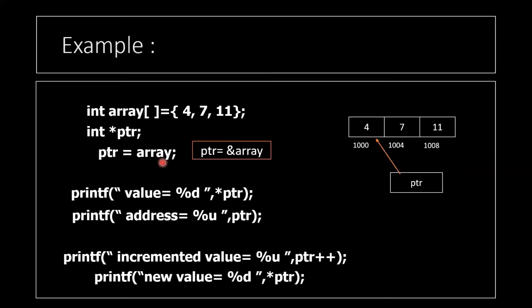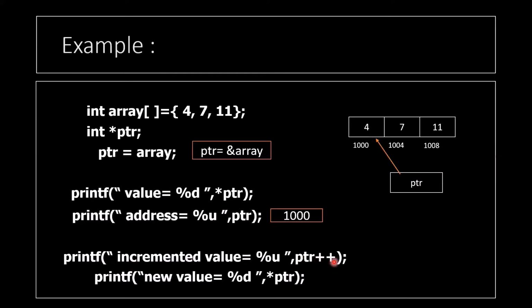What it actually does is assign the base address of our array to the pointer. Our pointer right now has 1000 stored in it and is pointing towards value 4. If I print the first statement, it will give me an output 4, and if I print this statement, it will give me 1000.